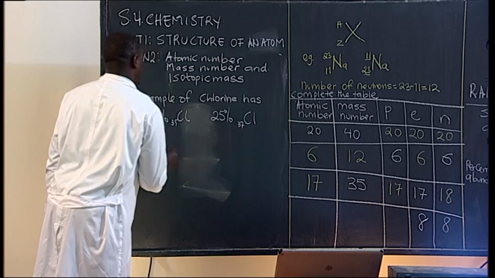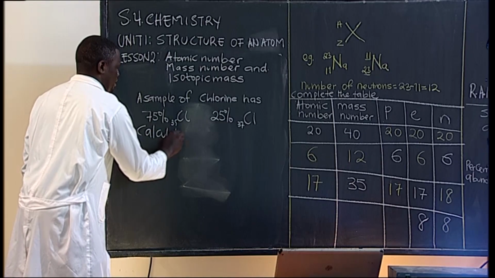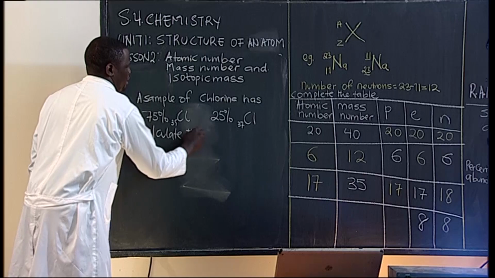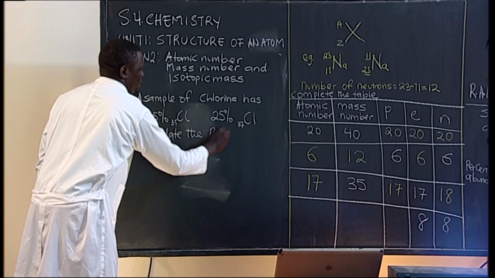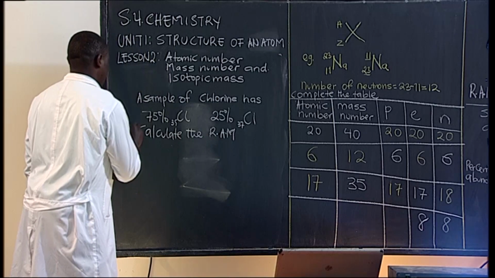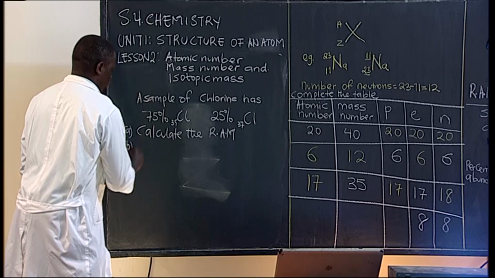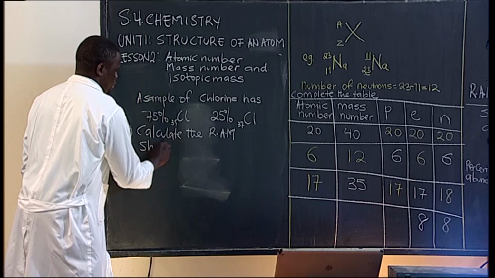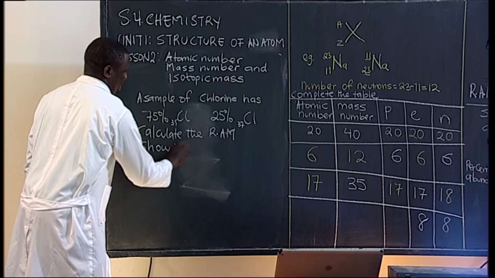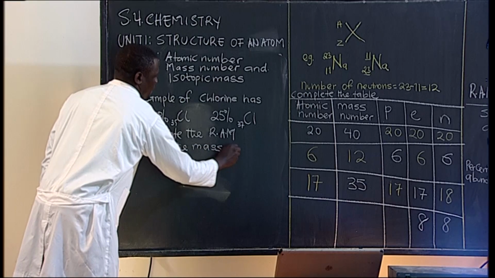So then they tell you to calculate the relative atomic mass. This is the first part. Then part B, they tell you to show the mass spectrum.